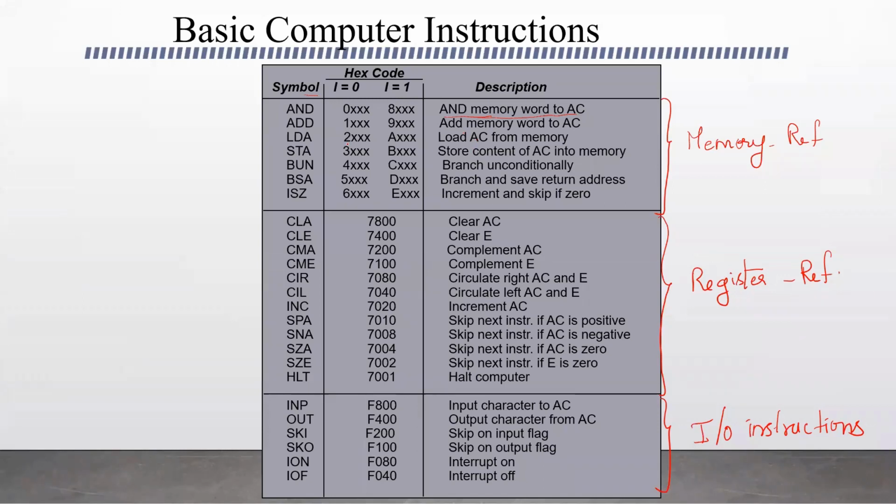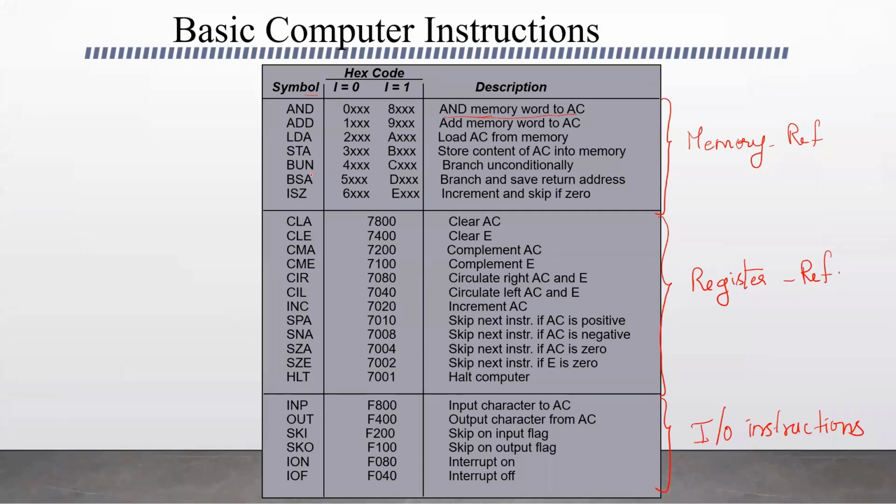So all these memory reference instructions perform operations on the memory word. AND performs the AND operation on the memory word and the word in the accumulator, and ADD adds the memory word to AC. LDA loads the accumulator content from memory, and STA stores the content of the accumulator into memory.